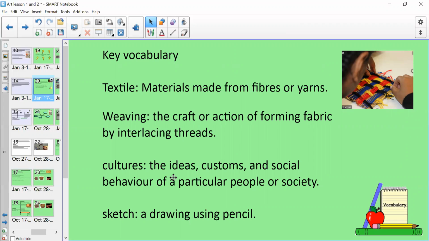Weaving was a craft or action of forming fabric by interlacing threads. So here we had a picture of this person weaving threads going over, under with different colors. And we learned about Günter Stolze and how she had influence on weaving. And then to sketch is a drawing using pencil. And we will be doing some sketching today.